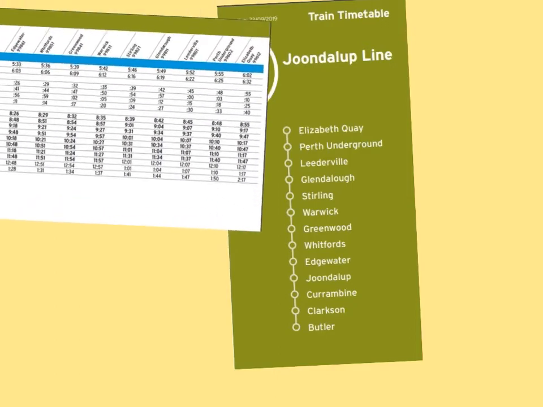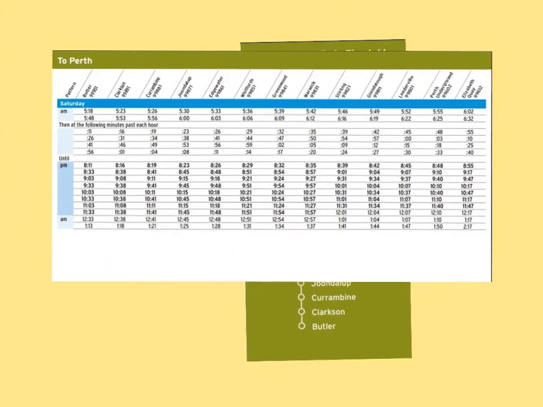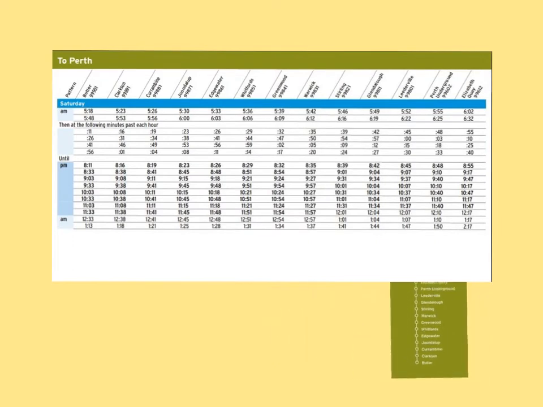Similarly, like the bus timetable, it'll have a Saturday timetable. So Saturday timetable is up here, and this is what we're looking at when we're thinking about a train into Perth City. I know it's going to Perth City because it says to Perth on the top. Always check that. And in the questions next door, I've got the to Joondalup or to Butler timetable and to Perth. So don't get confused.